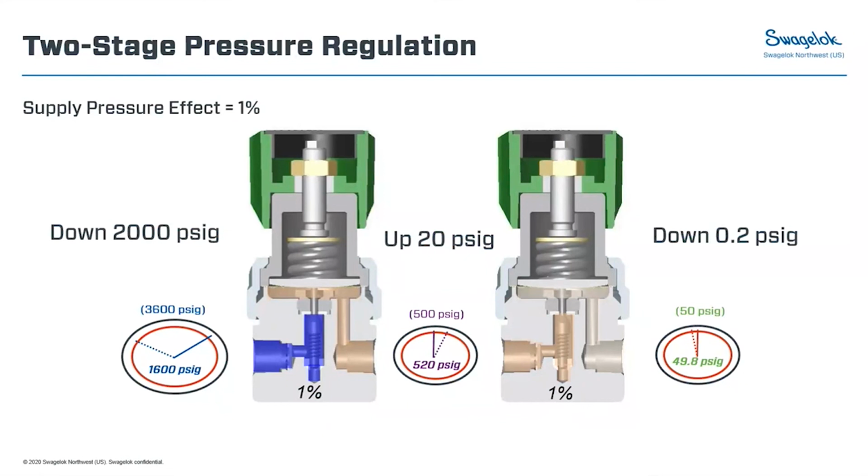We're now at 49.8 psi. You can see that it's pretty darn effective to add in another regulator to our system. If we think about just having the one regulator, we'd be swinging it by 20 psi. So rather than 50, we'd be at 70. But now we're holding pretty steady pressure by adding in that second regulator.